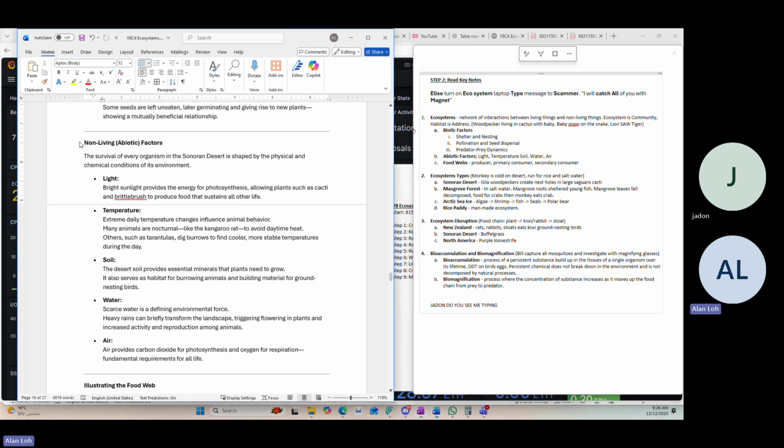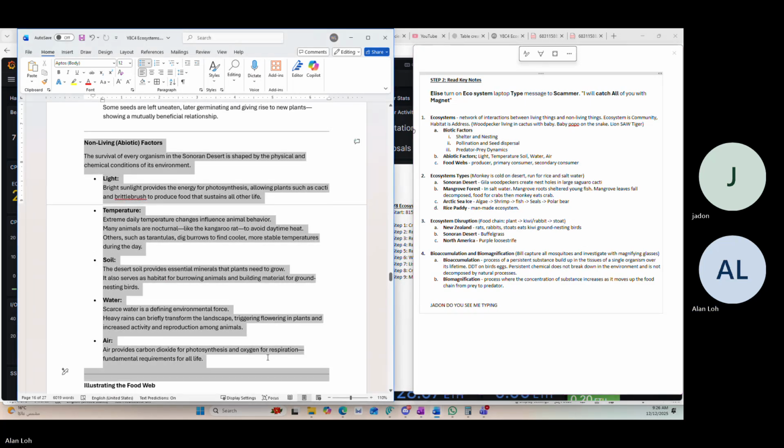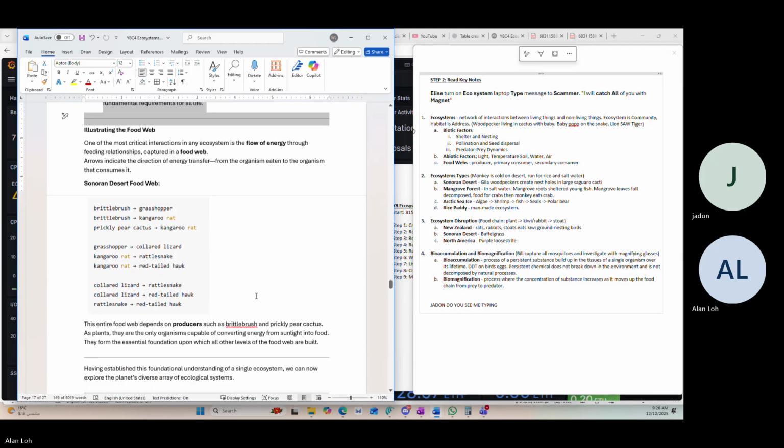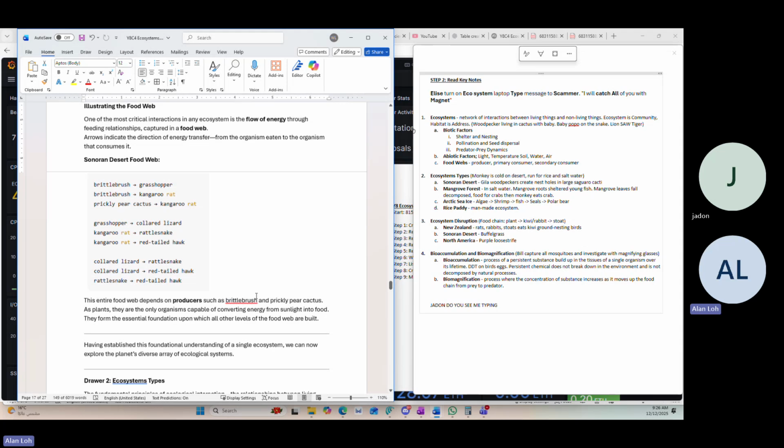Let's go to this part. That's B. About abiotic. Non-developed abiotic. Okay, you finish reading? Yeah. Okay. The last part.